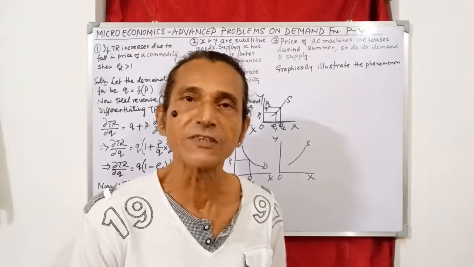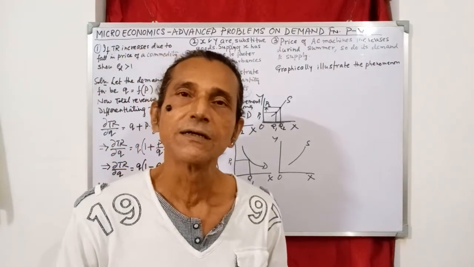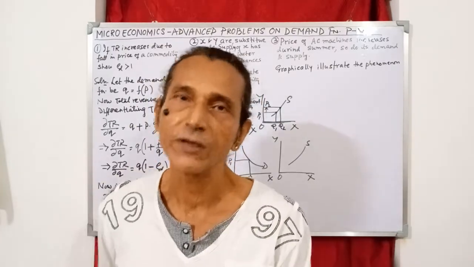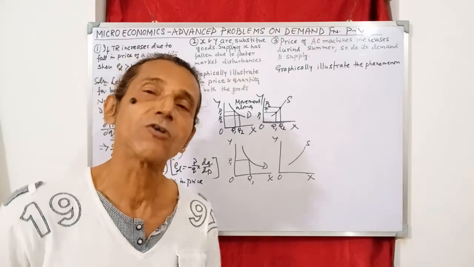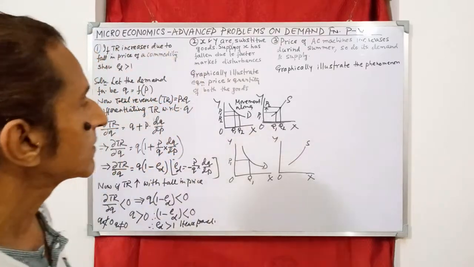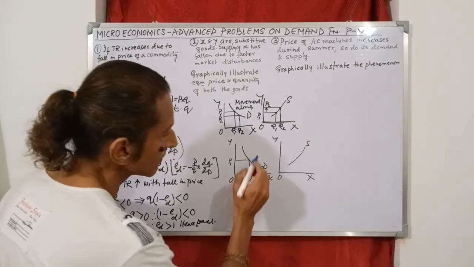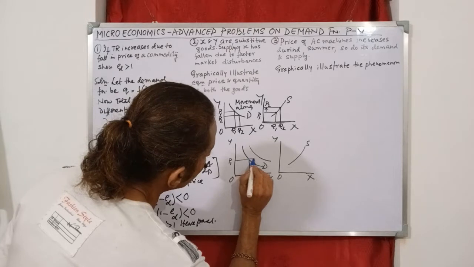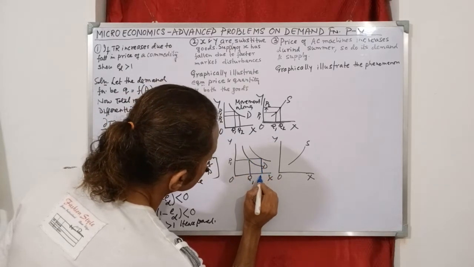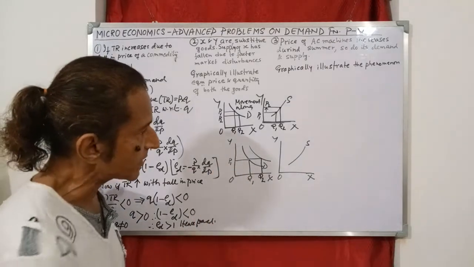Tea will become scarce in the market and the consumers will consume more of coffee. Correct? So demand for coffee will increase. So here what will happen? The consumer will purchase more of that commodity. Here I have taken the example of coffee at the same price.